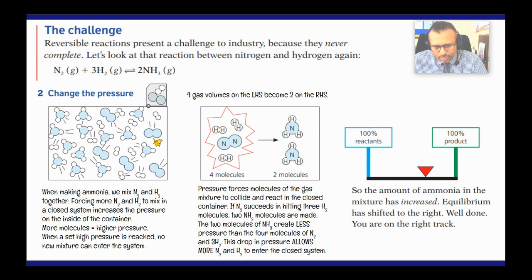That means your pressure is increasing. So what you could do is try and squeeze more molecules of your reactants in until you get to a stage where the higher pressure of the gases coming in is equal to the pressure you now have established within your box.